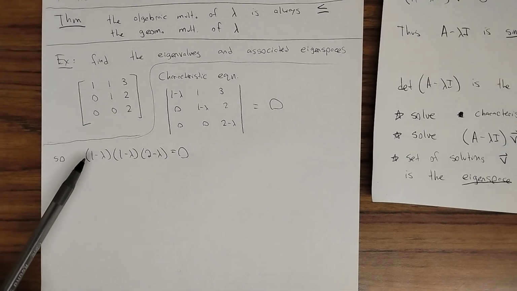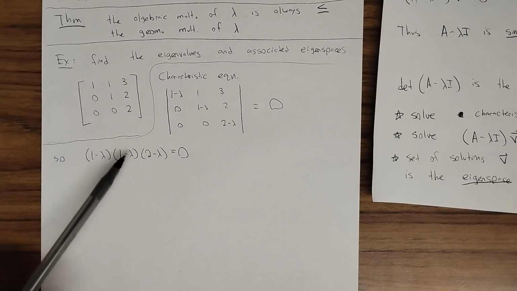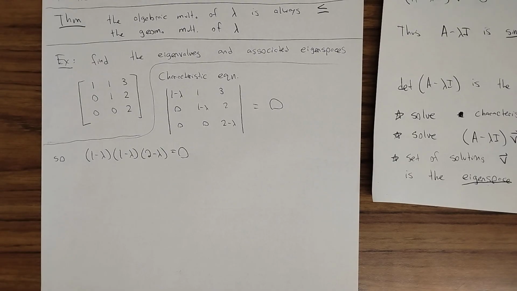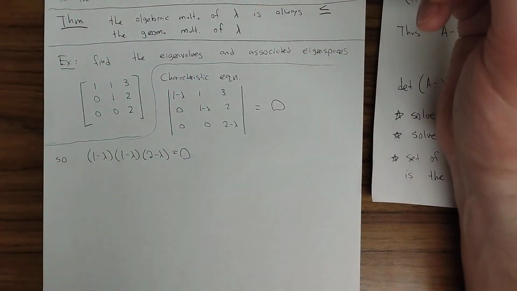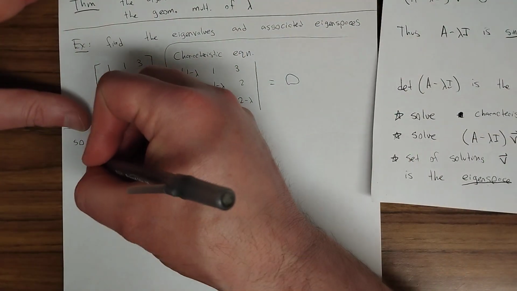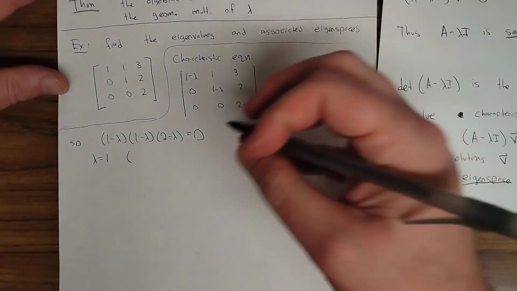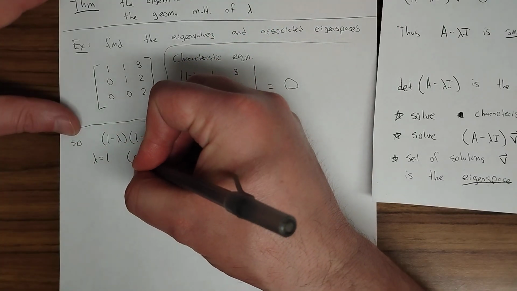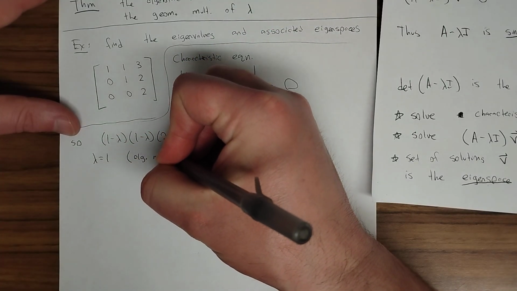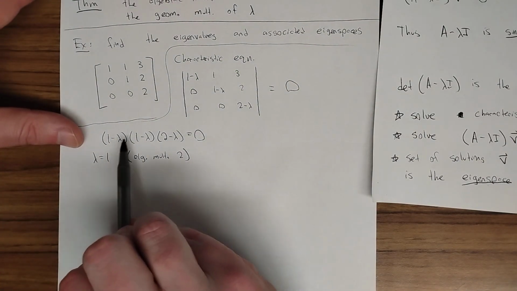And like I said, this is a polynomial. I could multiply it all the way out if I wanted, like, FOIL everything out. That would be counterproductive, though, because I'm trying to solve this equation, so I prefer it in factored form. And here we can see what I was talking about with algebraic multiplicity. I would say we have lambda equals 1, and nobody asked, but I will tell you, this has algebraic multiplicity 2 because this appears twice as a root.